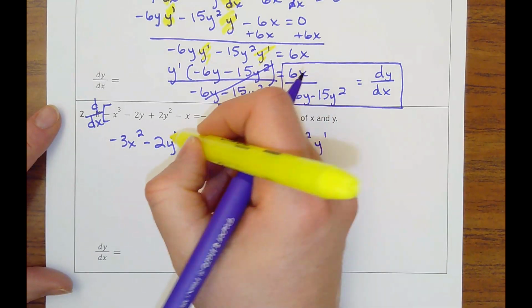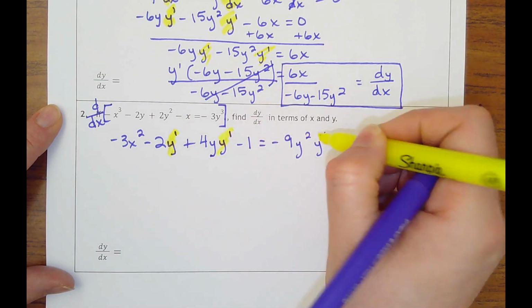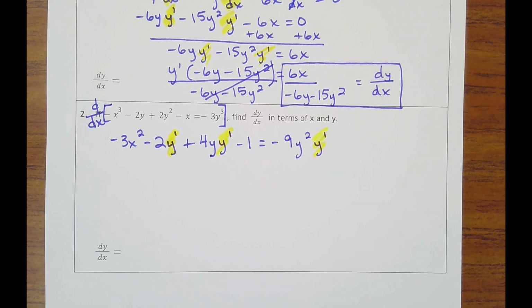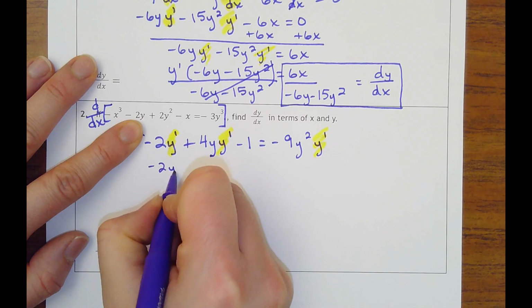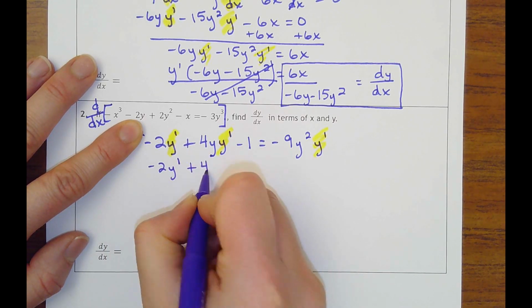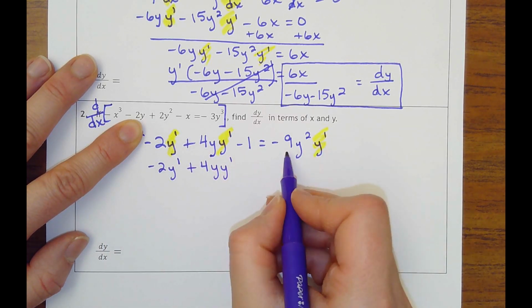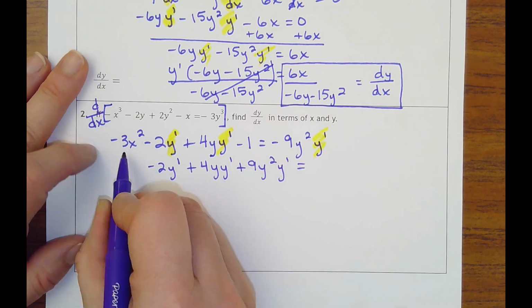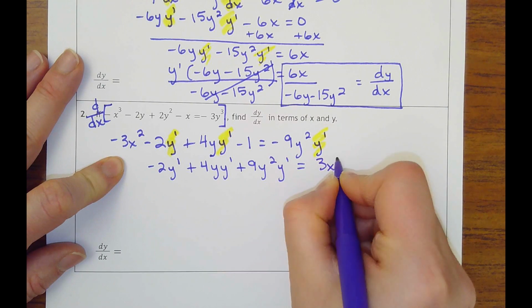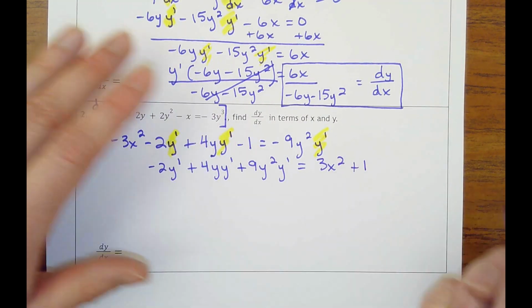Now I see all these terms and I want to specifically look at the ones that have y prime. I want them on one side. So I think I'm going to keep negative 2y prime, keep positive 4y y prime, add 9y squared y prime. I'm going to add 3x squared to the other side, and I'm going to add 1 to the other side.